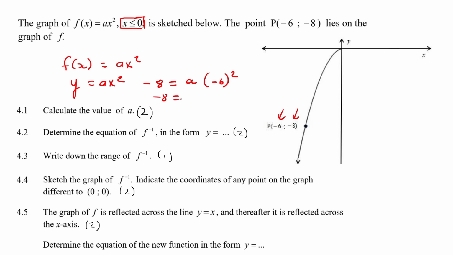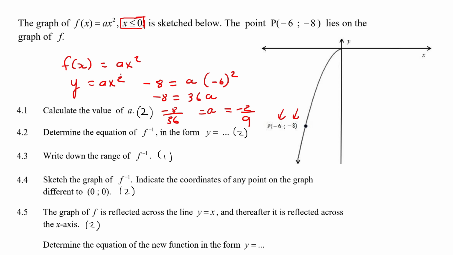And so minus 8 is equal to 36a. And then to get a by itself, you would say minus 8 over 36. And then that's quite a weird value, actually. It's going to be negative 2 over 9. Okay, so a is going to be negative 2 over 9 after you simplify that. So negative 2 over 9.